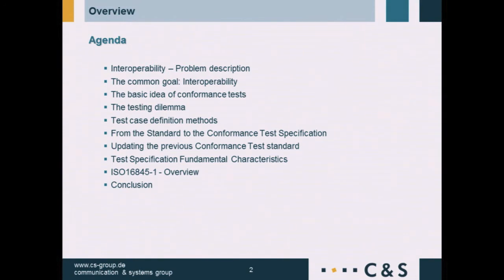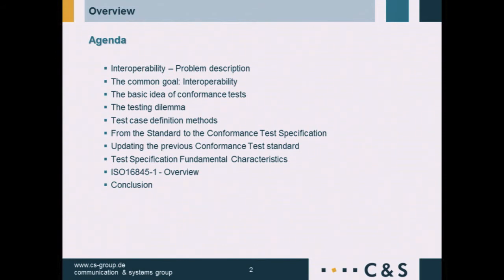First, I would like to talk about the interoperability problematic. Then I would like to explain what conformance testing actually brings to interoperability. Then I think it would be useful to see a little bit about the procedure, how to draft a conformance test specification from scratch.